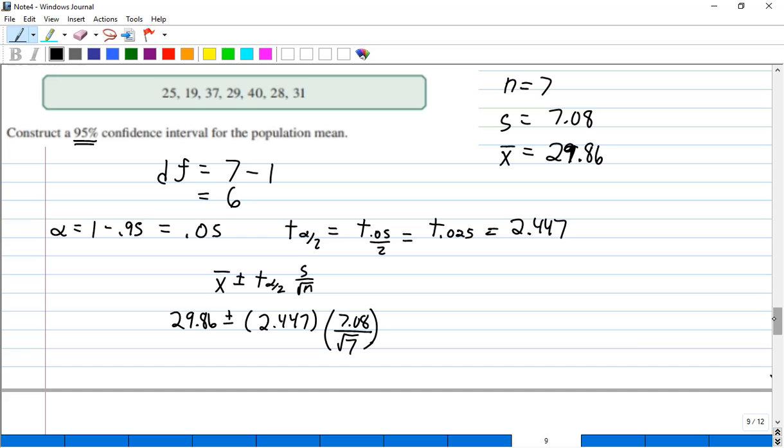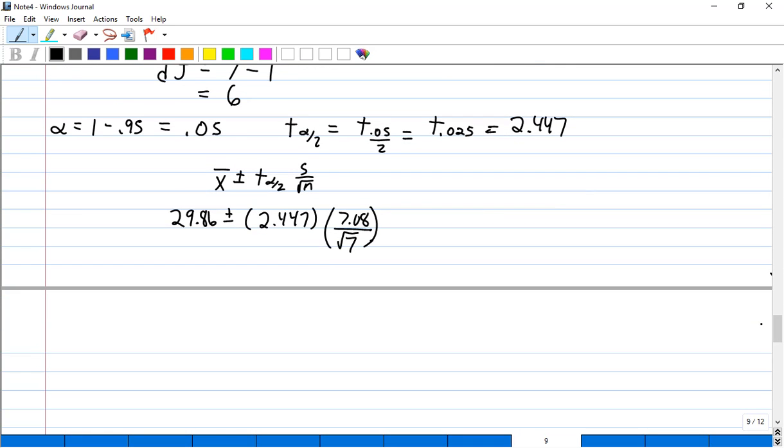All right, and I'm going to take this out to about, it depends on how many decimal places I want to round to, but I'll take it out to 3 places. So 29.86 plus or minus 6.548. The reason I'm taking it out to 3 places is because I'm going to round to 2 places, the same number of places that my mean and standard deviation were given at.